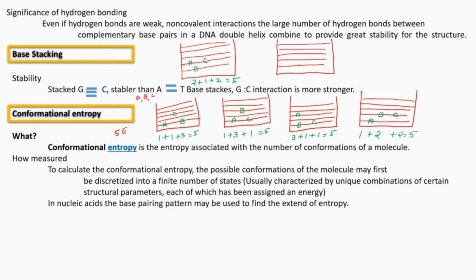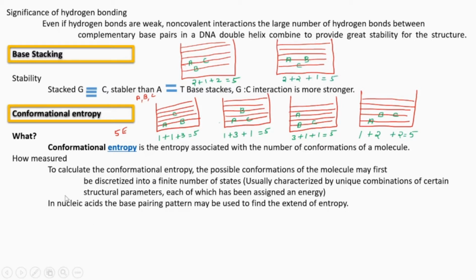Here I'm going to keep the A in the second and B in the second and C in the first. Here the energy is 2 plus 2 plus 1 is equal to 5.